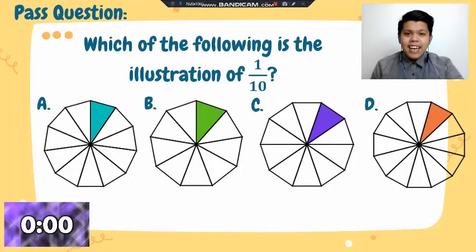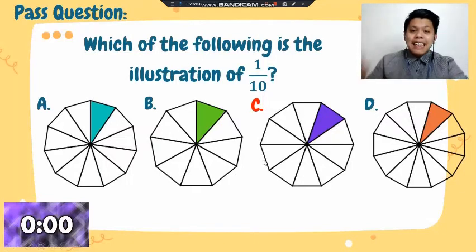The correct answer is letter C. Now, let's check why. Remember that our denominator, the number 10, is the total parts of a whole.